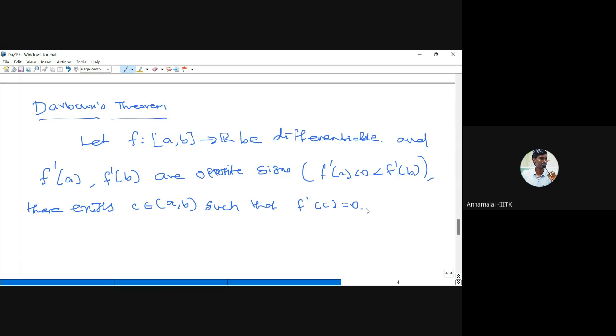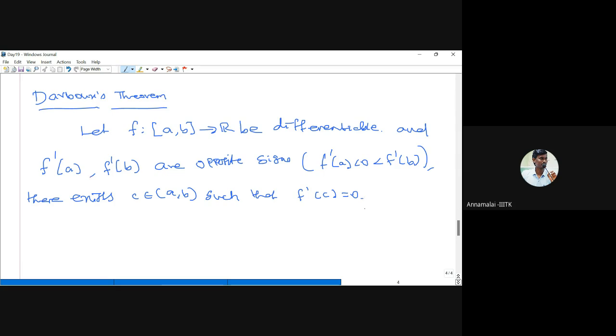Now we have almost discussed differentiability. Already we studied L'Hospital's rule, and maxima and minima. So far, any doubt you can ask about differentiability. You have to find the right hand limit and left hand limit of your function; if both exist and are equal, then the derivative exists.